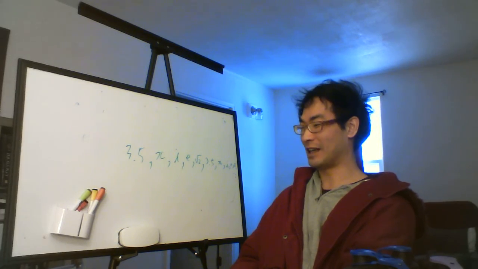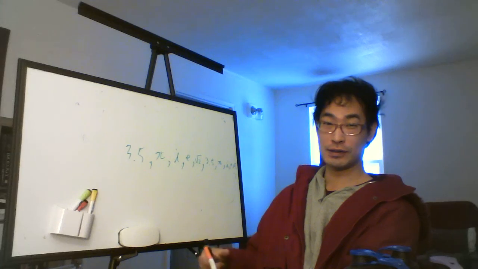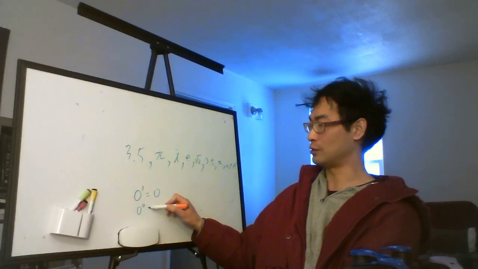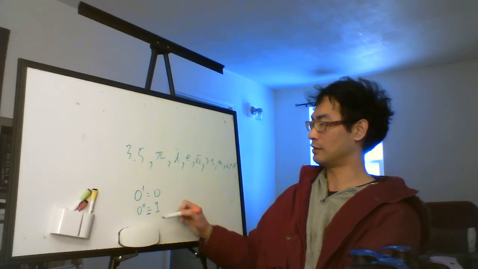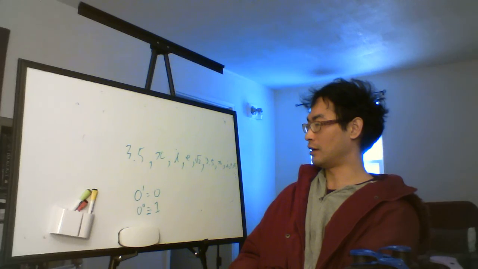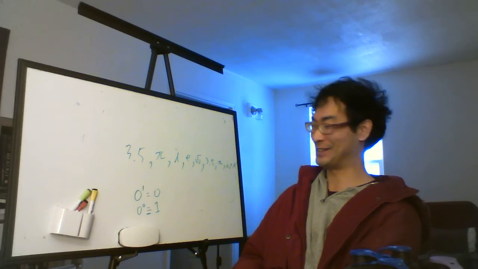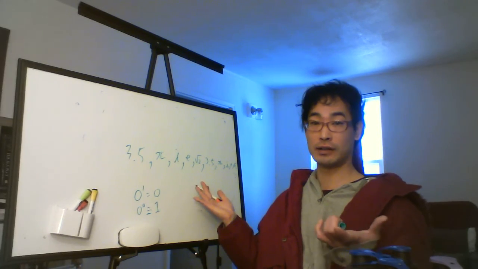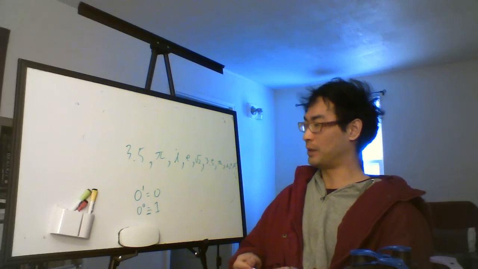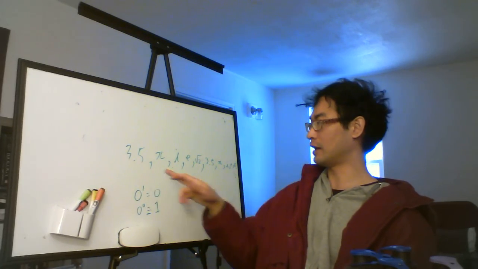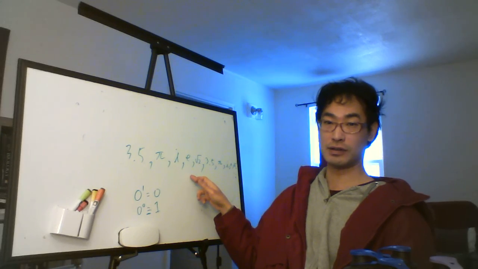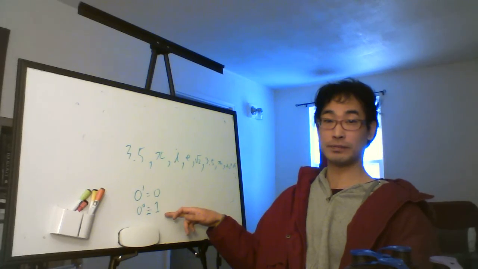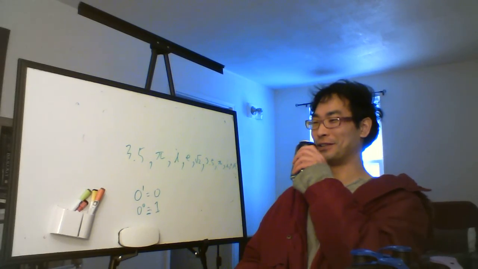For our purpose, 0 to the first is 0, and 0 to the 0th is 1, by definition. Otherwise, it's not going to work. That's fine because we are dealing with this discrete sequence of numbers, so it doesn't really matter. For our purpose, 0 to the 0th is 1.